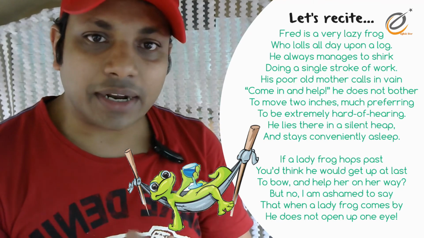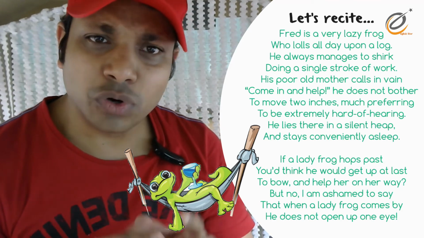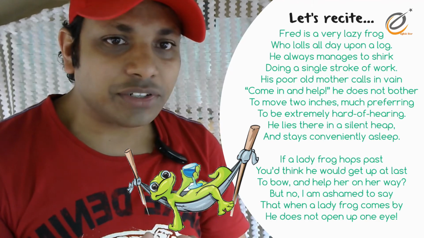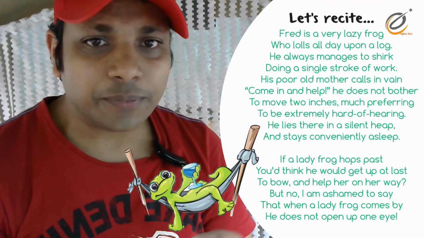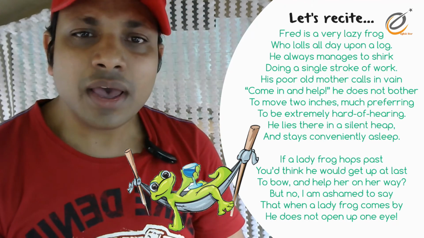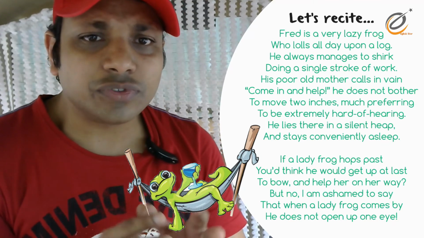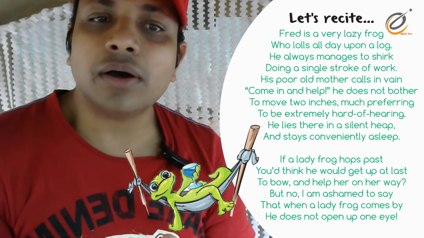So let's start. Fred is a very lazy frog who lolls all day upon a log. He always manages to shirk doing a single stroke of work. His poor old mother calls in vain, "Come in and help." He does not bother to move two inches, much preferring to be extremely hard of hearing.